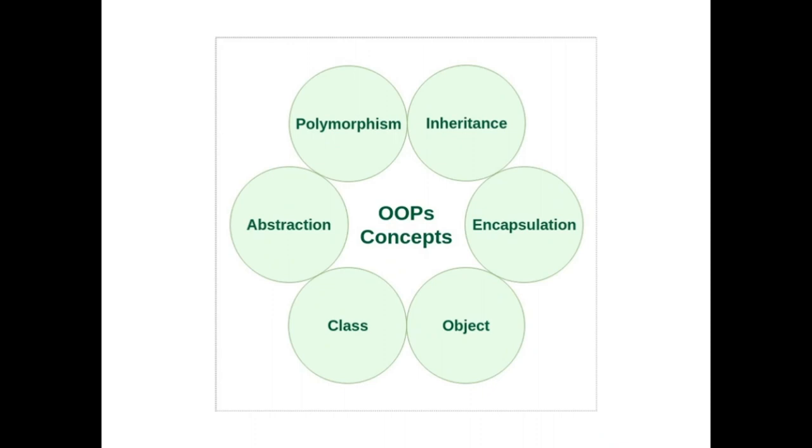Now, coming on to the last one, that is polymorphism. This is actually a feature which allows one interface to be used for a general class of action. Interface is again the gateway. Don't get confused if you don't understand the meaning of interface. All you can say is it is the gateway to several classes.